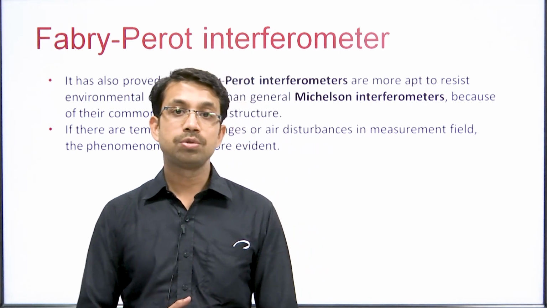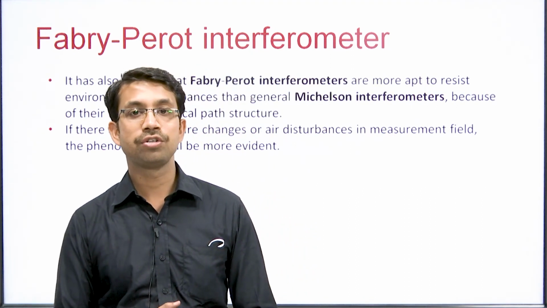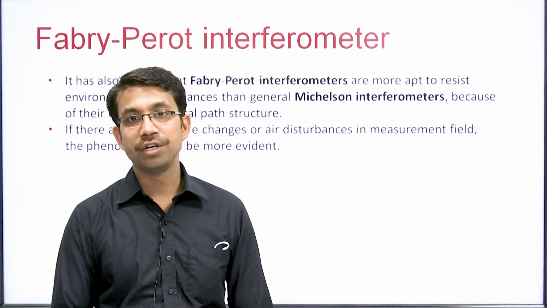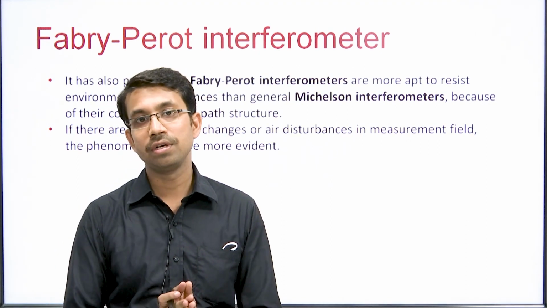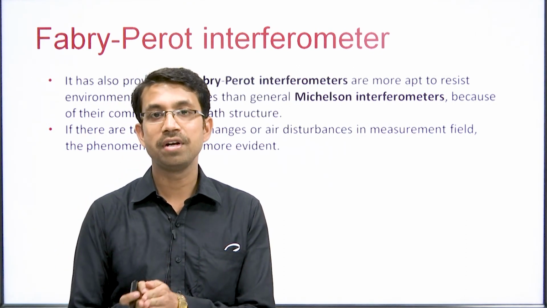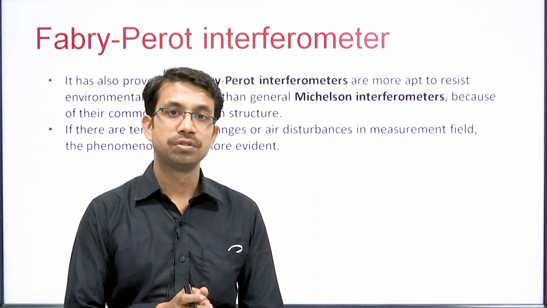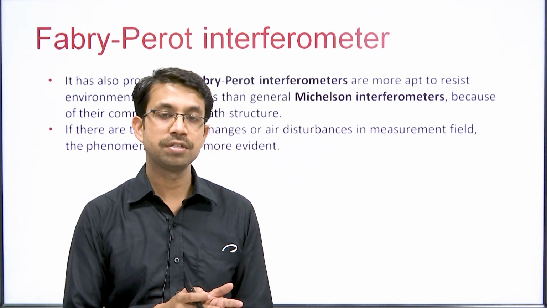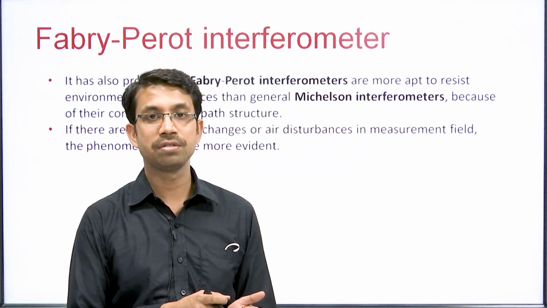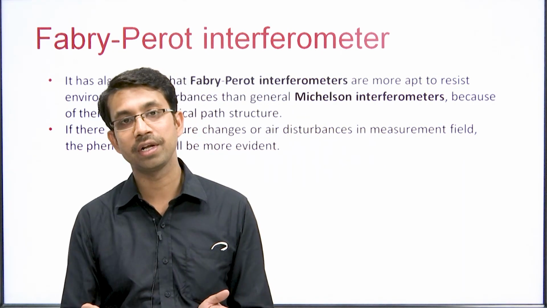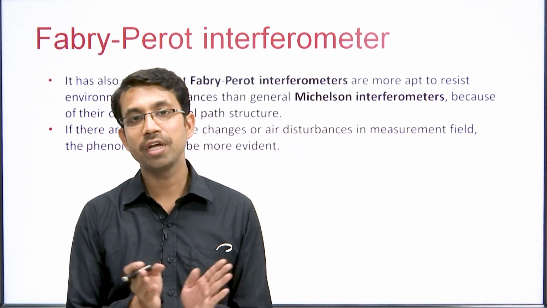So, they are also more resistant to environmental conditions. Why? Because in Michelson interferometer both rays travel different paths. So, if one ray experiences different environmental conditions in comparison to another ray, there will be error.